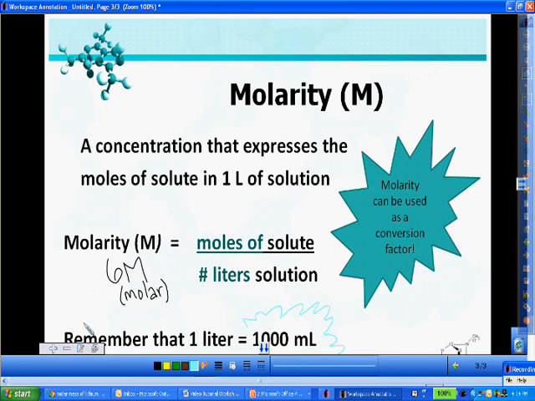So you need to know that 1 liter is equal to 1,000 milliliters. And the next thing is that the molarity can be used as a conversion factor. Once we learn how to complete these molarity calculations, we will go on and use them in a series of conversions to convert from one unit to another.